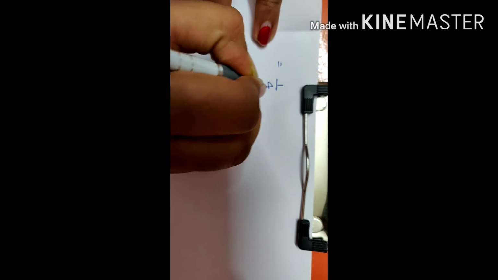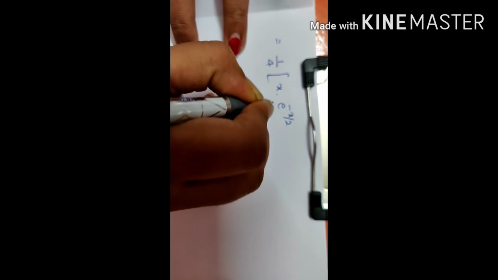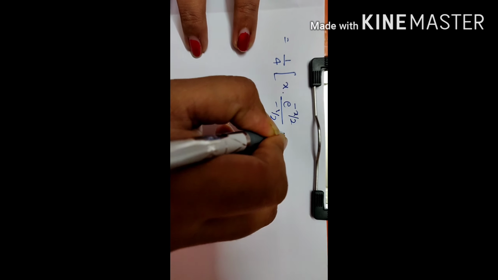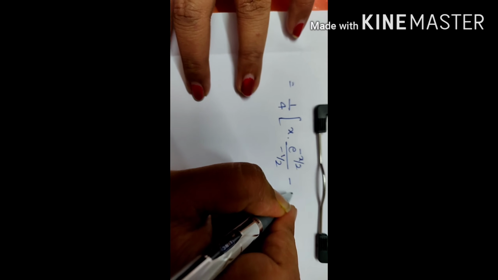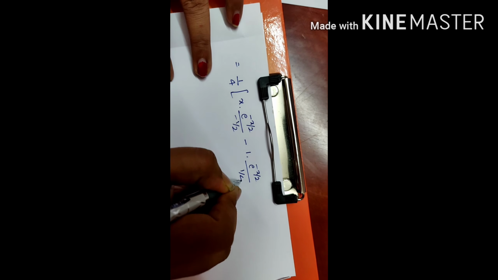We use integration by parts. Take 1 by 4 outside. Now integrate by parts: x into e raised to minus x by 2 divided by minus 1 by 2, minus the integral of 1 into e raised to minus x by 2 divided by minus 1 by 2.